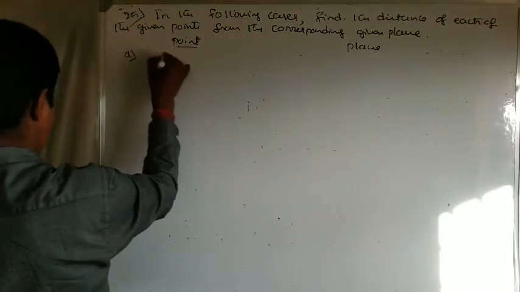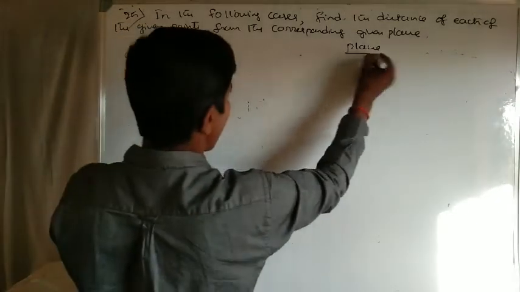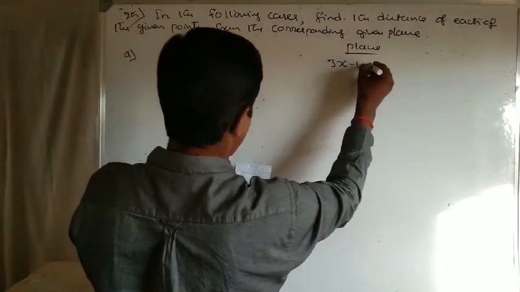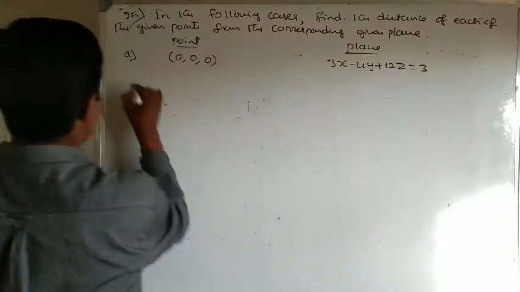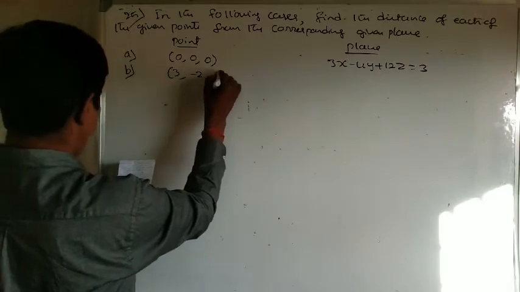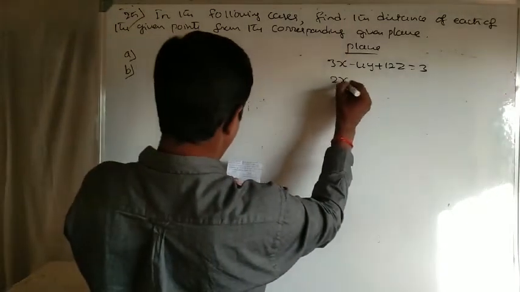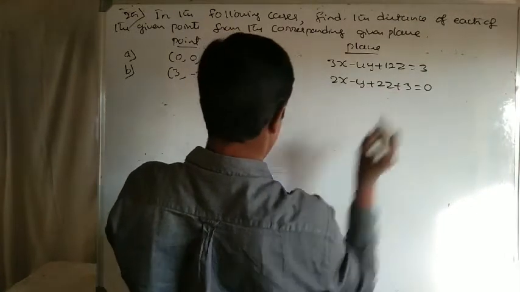Problem A: the point (0, 0, 0), plane 3x minus 4y plus 12z is equal to 3. Problem B: the point (3, -2, 1), plane 2x minus y plus 2z plus 3 is equal to 0.